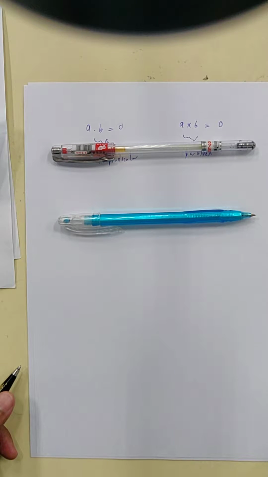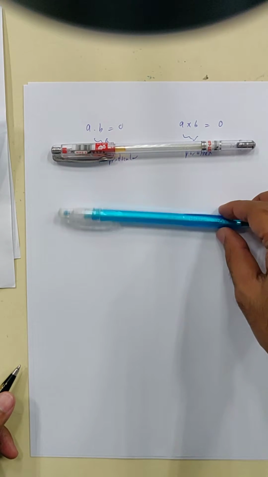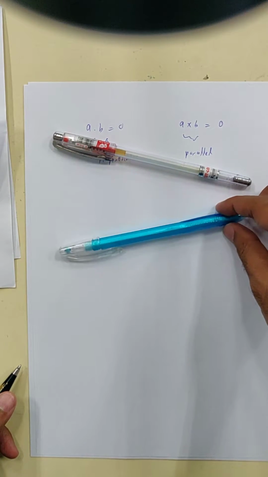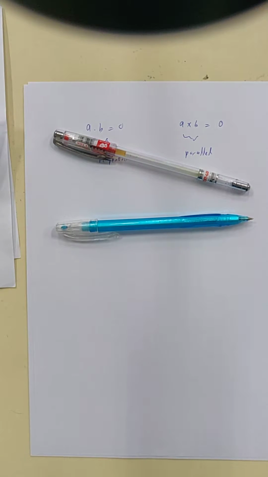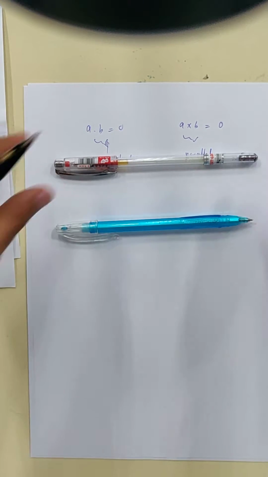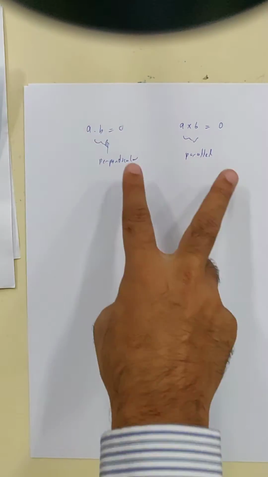You okay with that? Simple as that. Do they have an angle between each other? So that means theta is 0, and sine 0 gives you what? 0. Okay? Remember this fact.